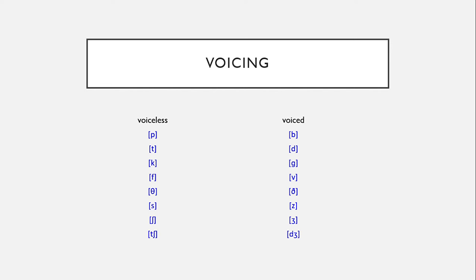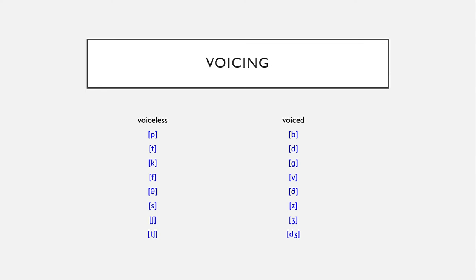You will not experience any vibration. When you say b, you will experience vibration. Similar is the case for t, k, f, th, s, sh, and ch. There is no vibration in these sounds.